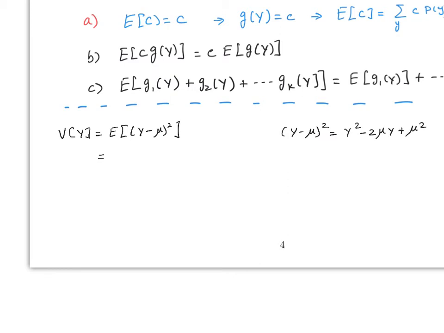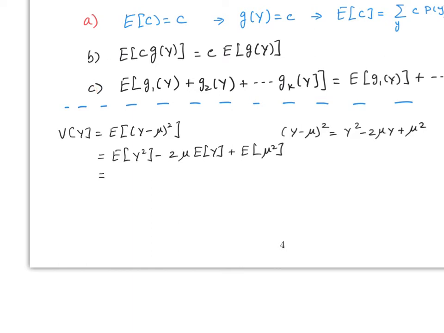So this will be the expected value of y squared minus 2 mu, since it's a constant, times the expected value of y, plus the expected value of mu squared. This is the case by using part C and part B.